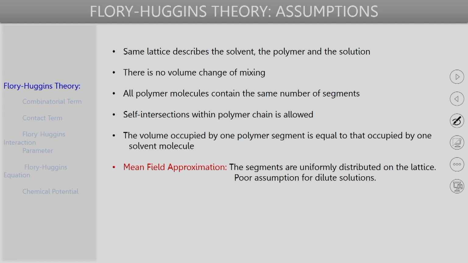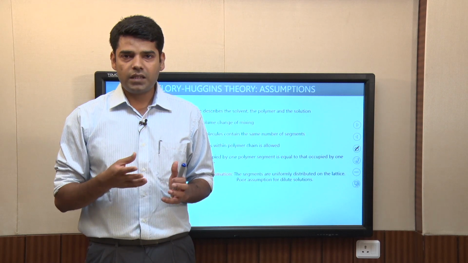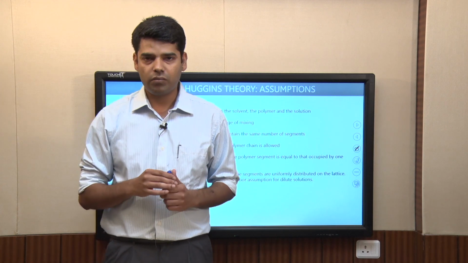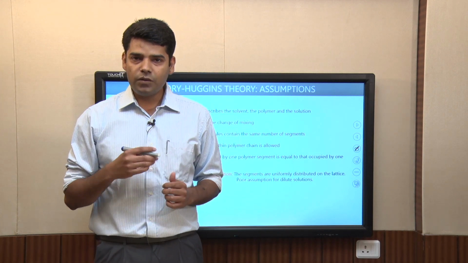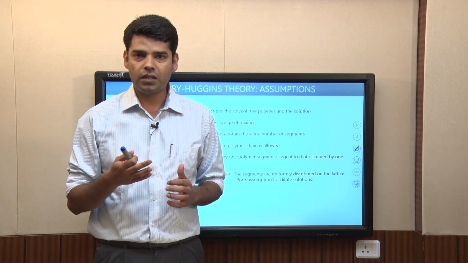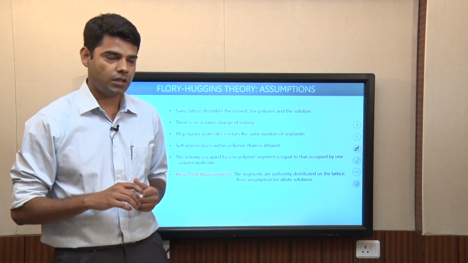That is what is called the mean field approximation. If we have a concentrated polymer solution, this assumption is not that bad, it is okay. But for a dilute solution it is quite limiting, because it is a very poor assumption.